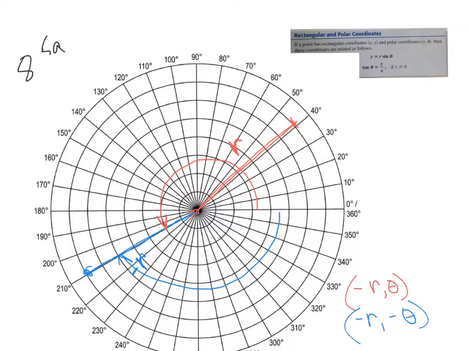So it would be the length of r in a different direction, and our angle we went in a different direction. But we'll get into some of that in a little bit. Alright, so let's get rid of some of this and move our graph out of the way here. And we're going to look at this.